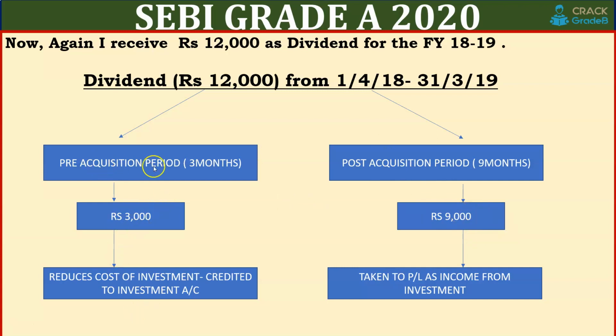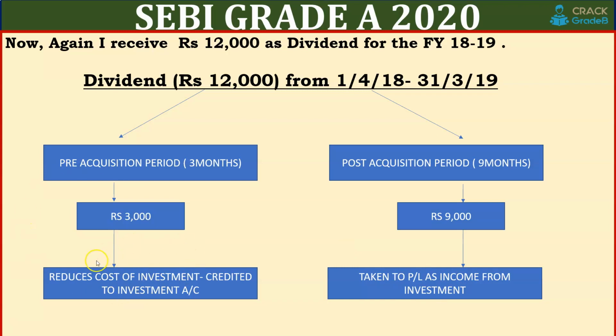Now the pre-acquisition dividend will reduce the cost of investment. That means it will be credited to the investment account. And the post-acquisition dividend will be taken to the profit and loss account as income from investment, because we have the right to receive this dividend. It is for the post-acquisition period for which we have held the investment, so that is always treated as income from the investment, and therefore it is taken to the profit and loss account.